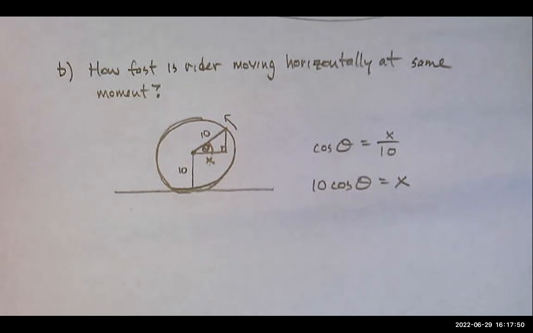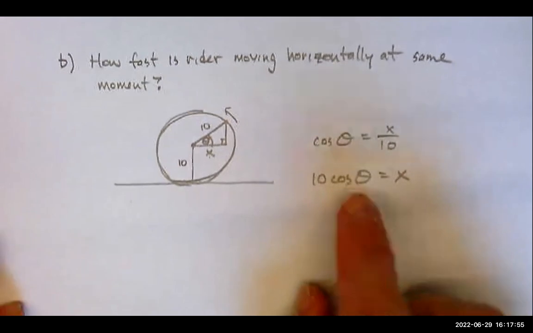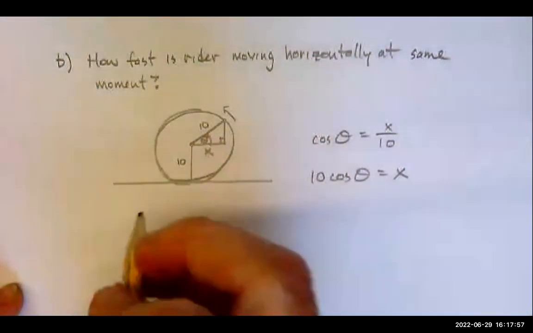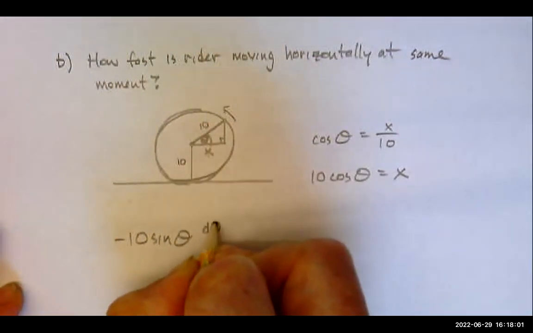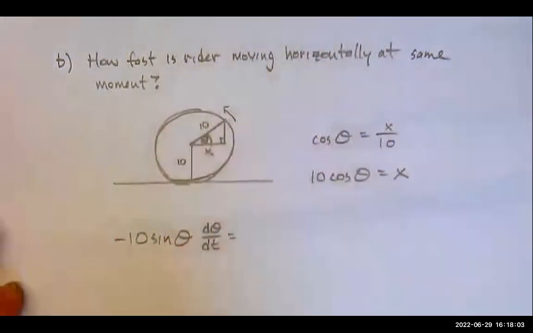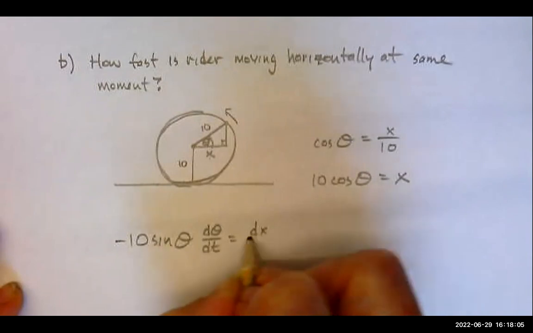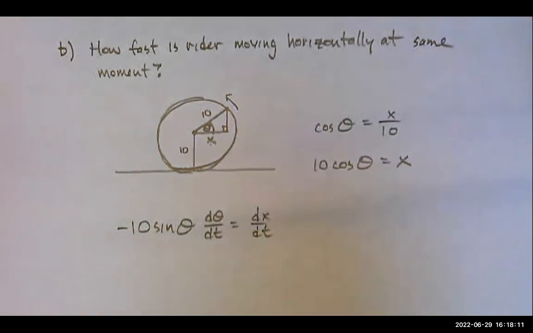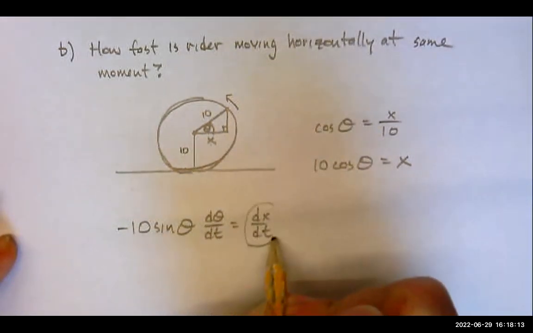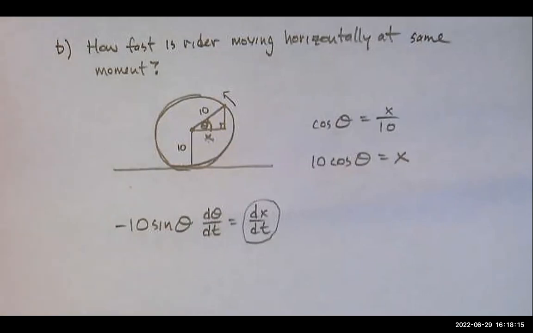Taking the derivative of both sides, let's do it. Derivative of cosine is negative sine, we got negative 10 sine theta d theta over dt equals dx over dt. Now what's great, here we're looking for dx over dt, how fast they're moving horizontally.